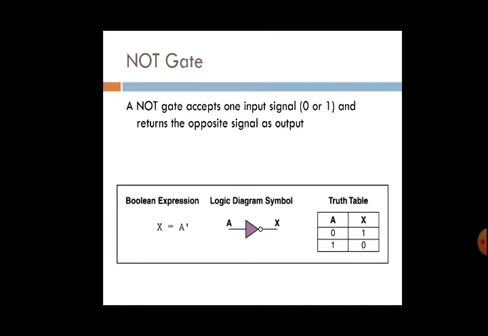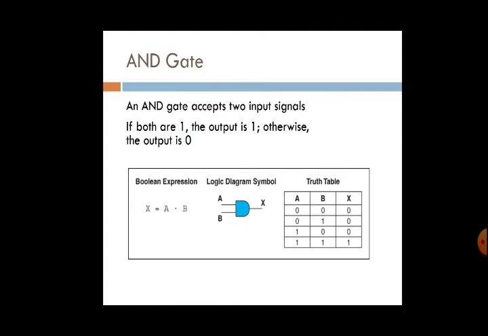Now we go to the next gate, which is AND gate. An AND gate accepts two input signals. If both are 1, the output is 1. Otherwise, the output is 0. See the truth table. When input A and input B both are 0, the output X is 0.